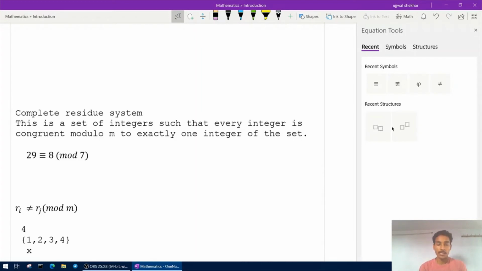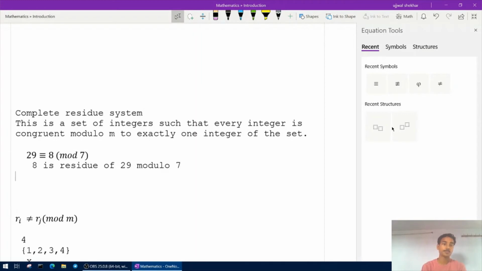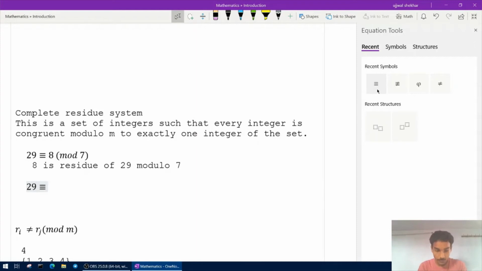So again, we can say that 8 is a residue of 29 modulo 7. Again, let's say I'm writing another expression, which is 29 is congruent to 1 mod 7.